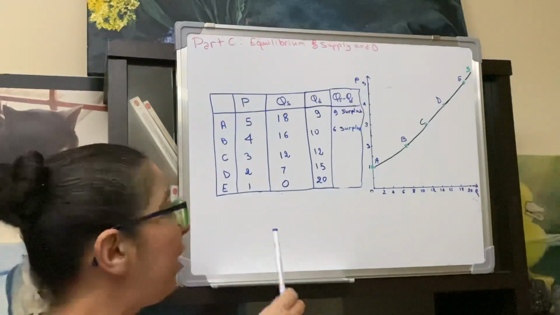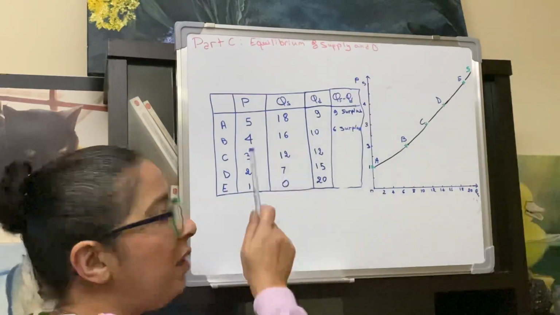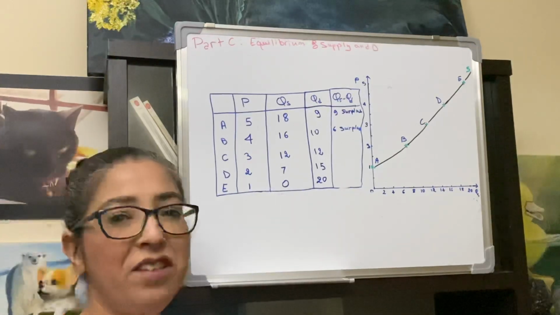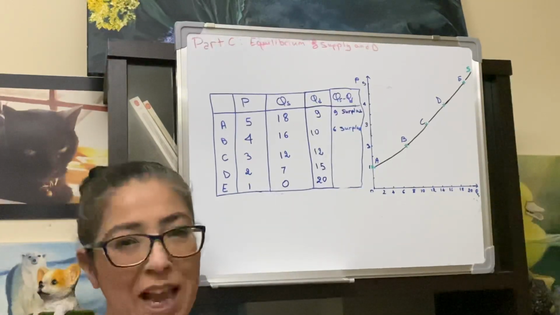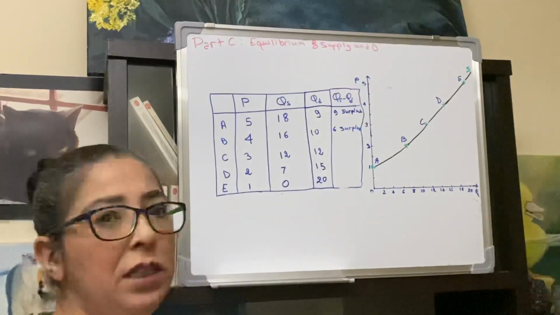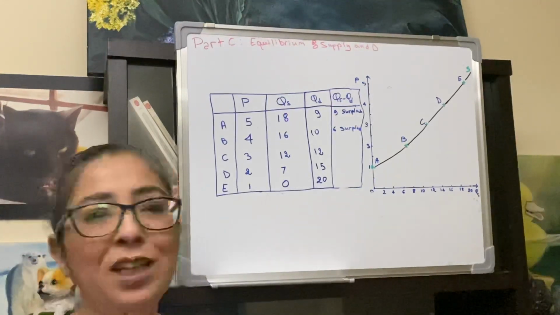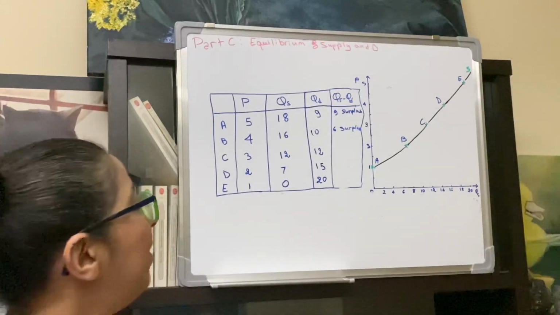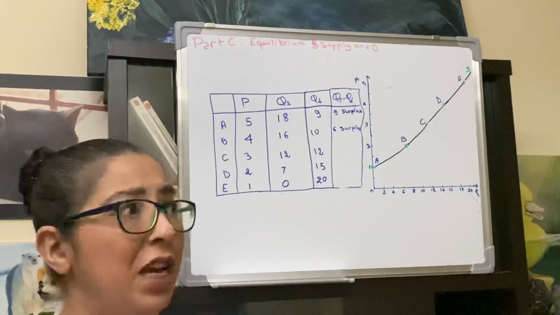I'm going to move directly to 1. I'm going to keep this one till the end. When the price is 1, suppliers say, I'm not supplying. It's not interesting to me. While the demand is there, come on, give us this for free, please. No way. So there is a demand of 20.